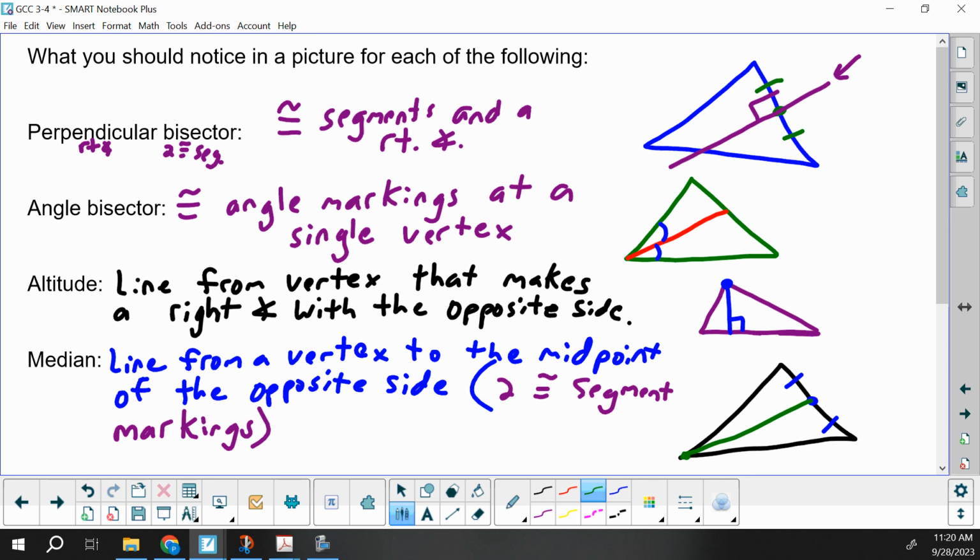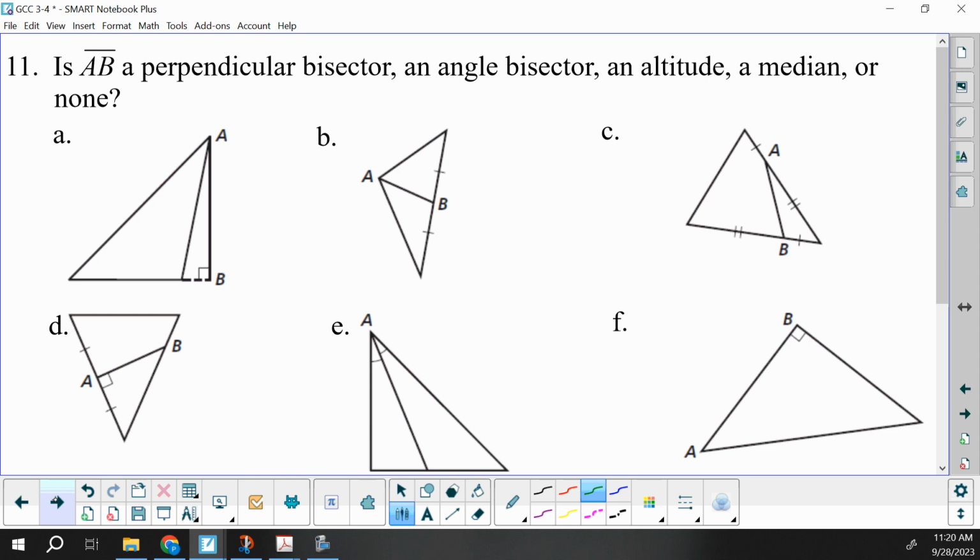So we're going to use this to help us on the bottom of the page to classify either as a perpendicular bisector, angle bisector, altitude, median, or none. And we're looking at segment AB for all these. So in this first one, AB goes from a vertex and it forms a right angle. If it's got a right angle, it's only two options.